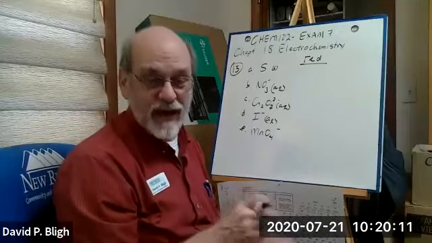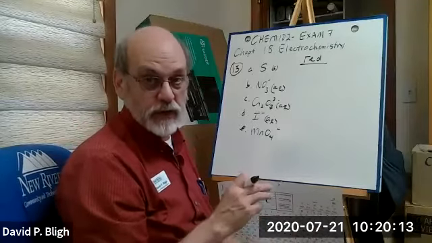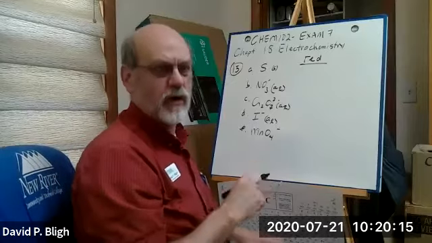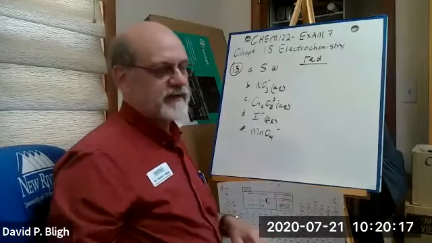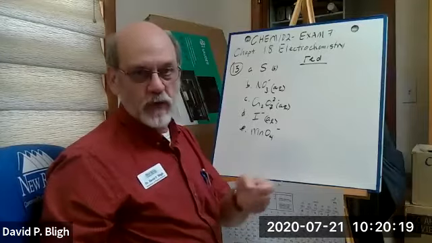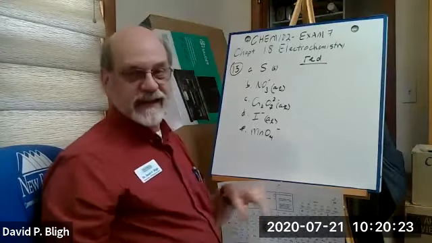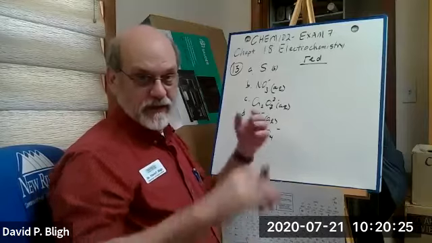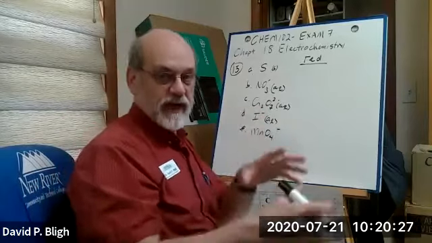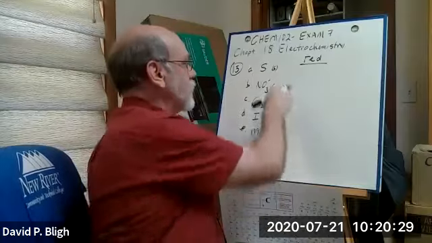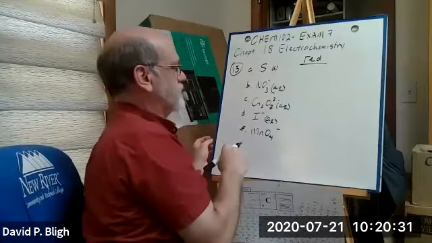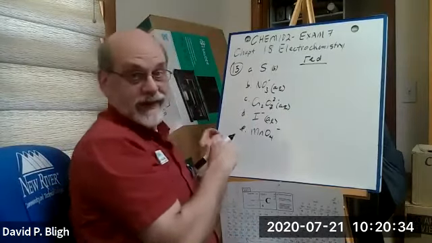It's the one that cannot be reduced further, or resists. I say cannot. You can always force something to do something else, but it won't spontaneously be reduced. That makes it an oxidizing agent. Right. So, can sulfur be reduced? Well, yeah.